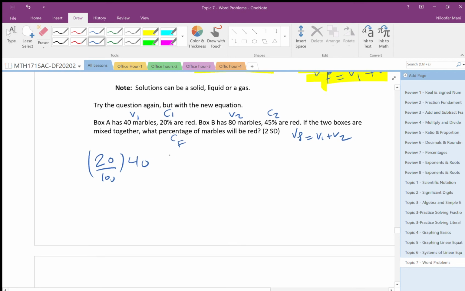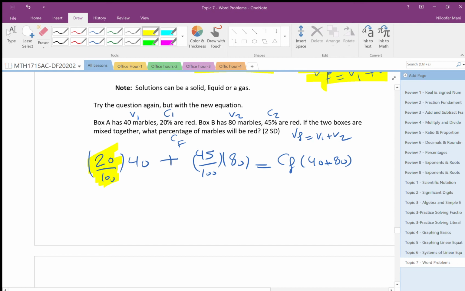Okay, this plus 45 over 100 multiplied by 80 equals C final multiplied by 40 plus 80. Remember, when you want to use percentage, you have to divide it by 100. When I say 20%, it's like a symbol.